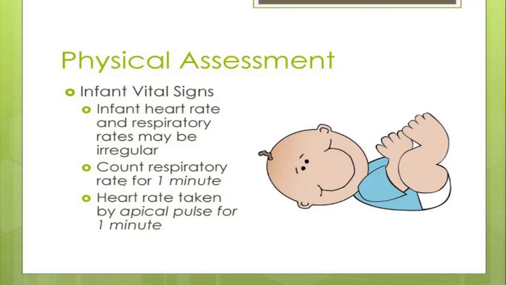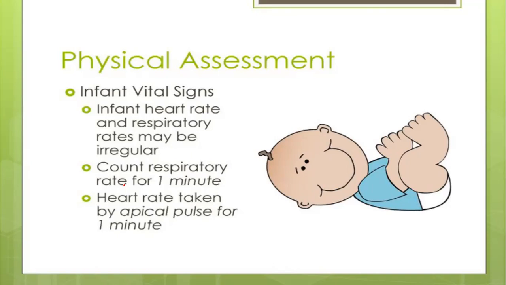The infant heart rate is higher than an adult's, and the respiratory rates may be irregular. However, what is most commonly known is that, of course, they have higher heart rate and respiratory rate.